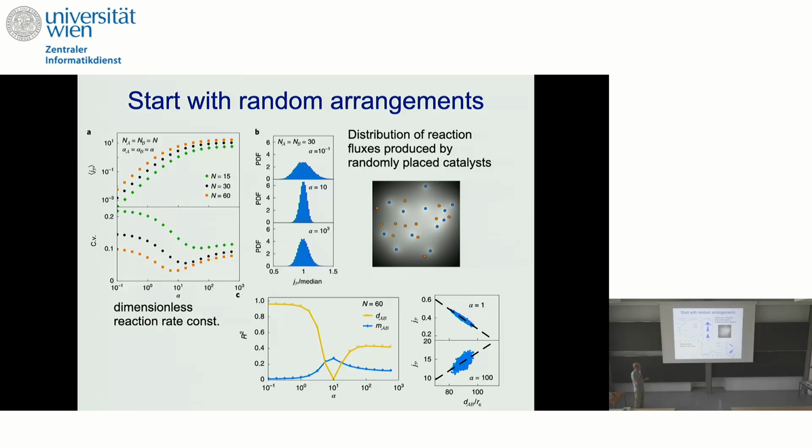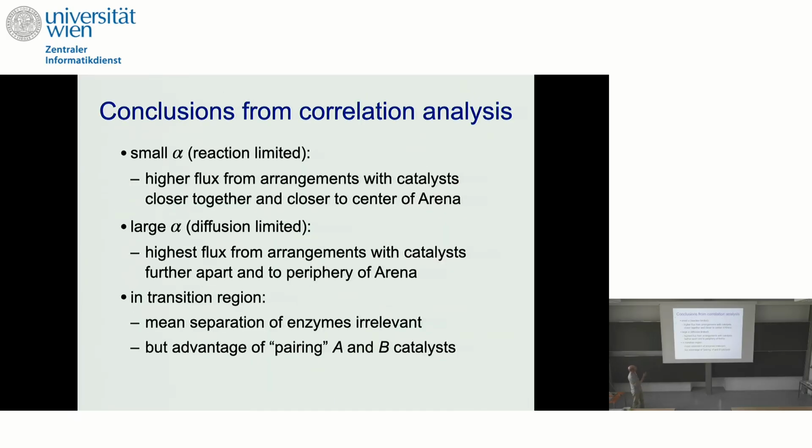I'm not going to go into the correlation analysis with, for example, minimal distances between the two different enzymes, mean distances, stuff like that. You can look at all kinds of observables. You can treat this as a kind of computer experiment. And I just want to quickly summarize the lessons that you observe from this correlation analysis.